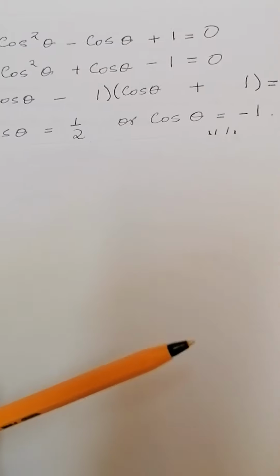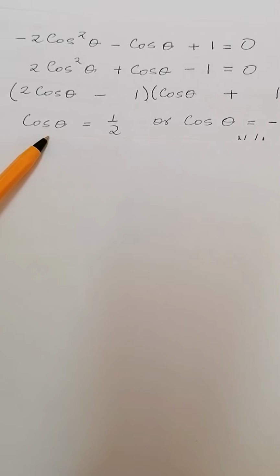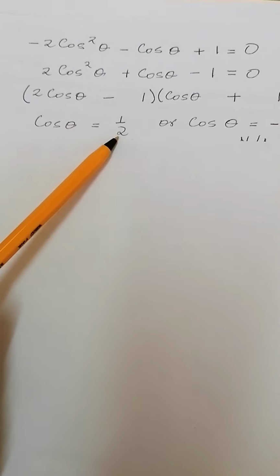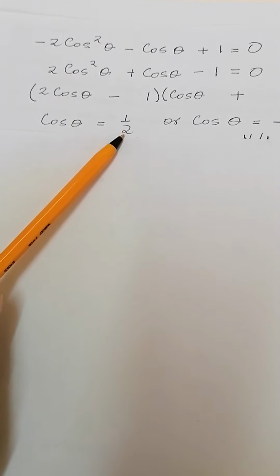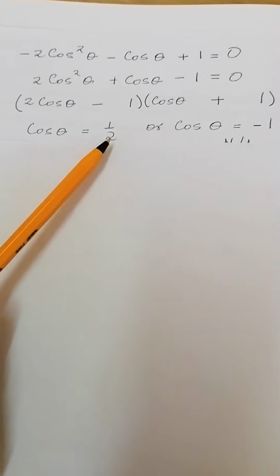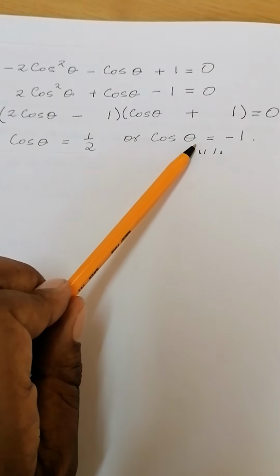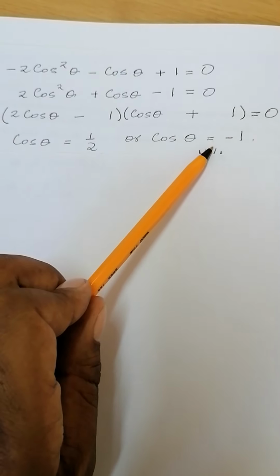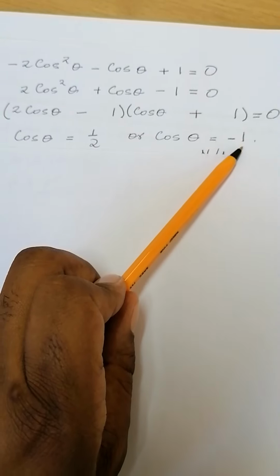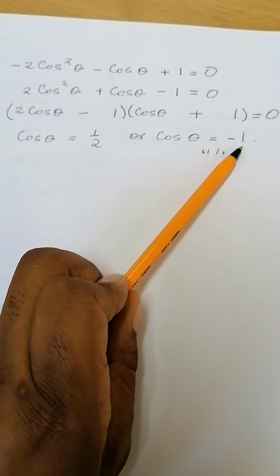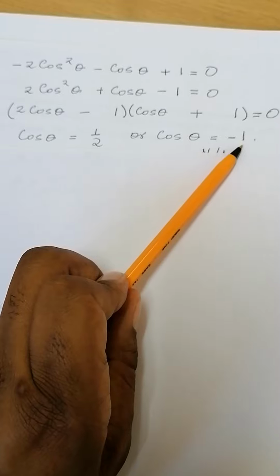Now, if you look at our two solutions, I've got cos theta, which is positive half. That means the angle would be smaller than 90 degrees. And I've got cos theta, which is equals to -1, sorry. That means the angle would be greater than 90 degrees.